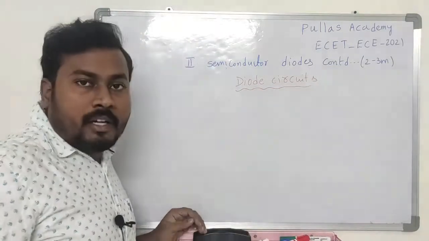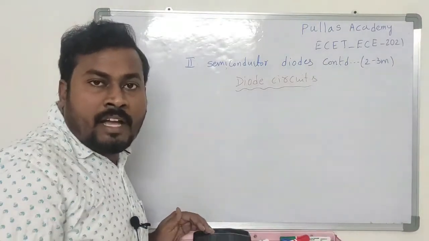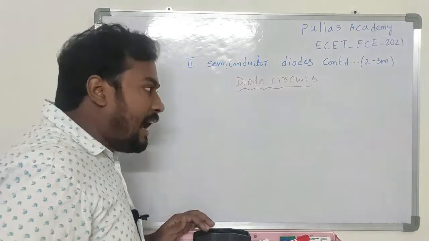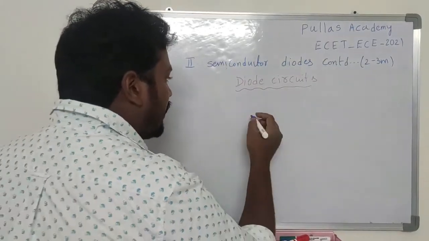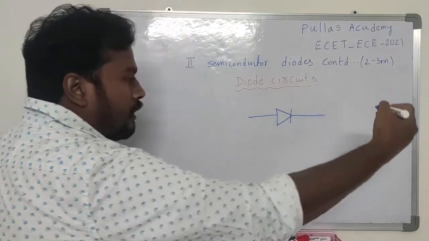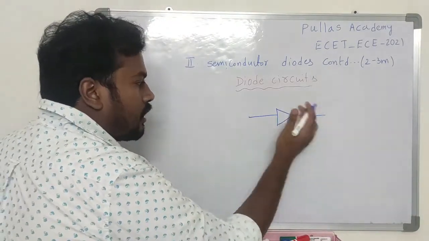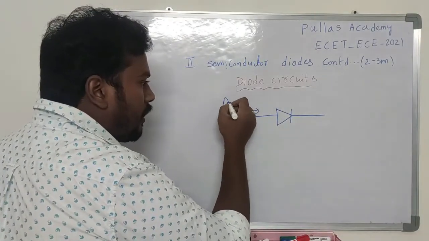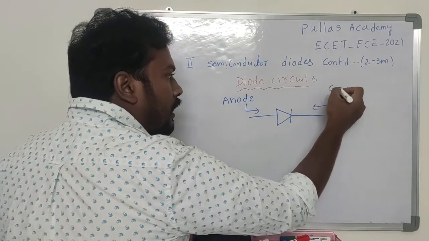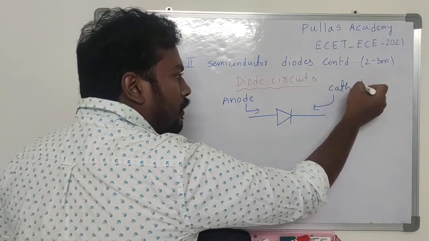If you remember, in the previous video lecture, I mentioned the schematic symbol of a diode, and it looks like this. It has two terminals. One is the anode terminal, the other is the cathode terminal.